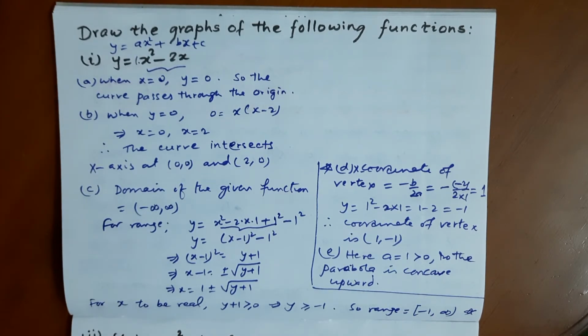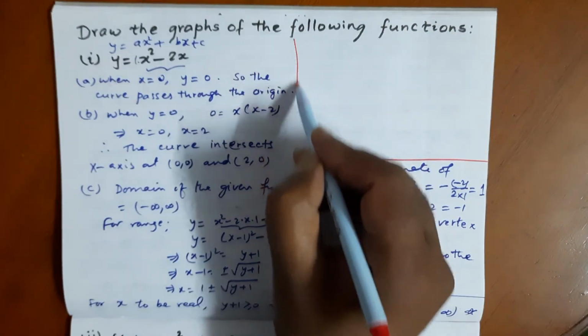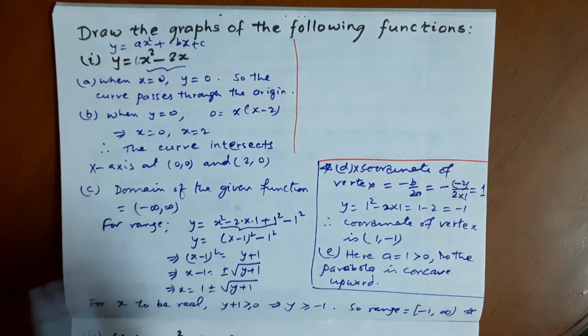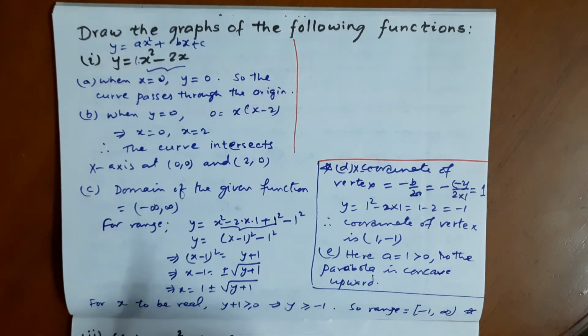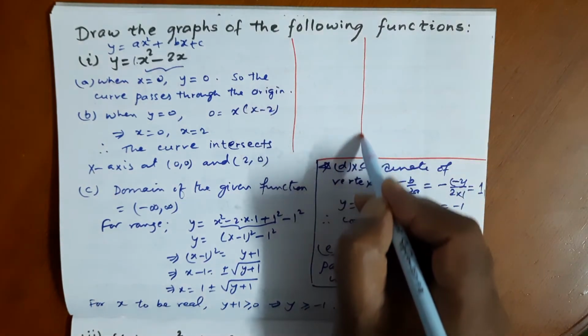So using these characteristics we can plot the graph of this function. Okay, so in this class 11 our aim is to draw the graph without using graph paper. Using the characteristics we have to plot the graph. So let us draw the graph of this.